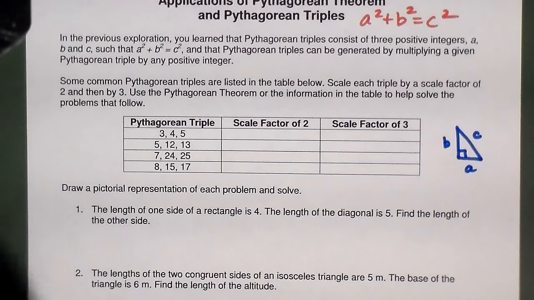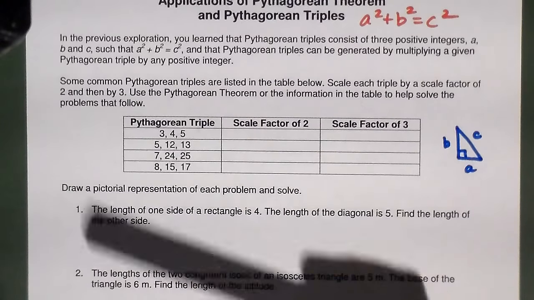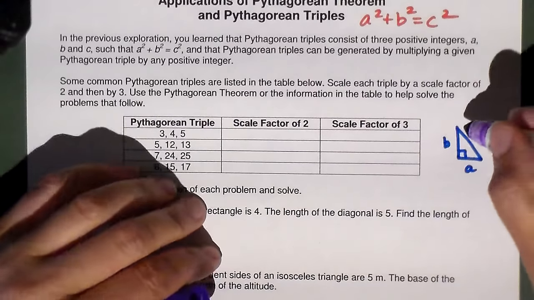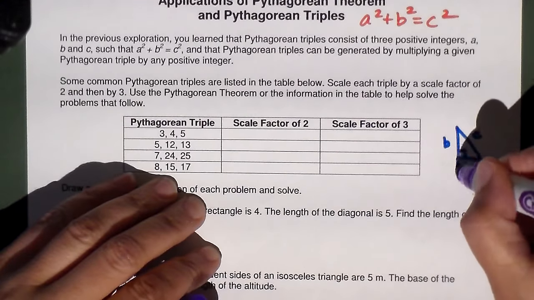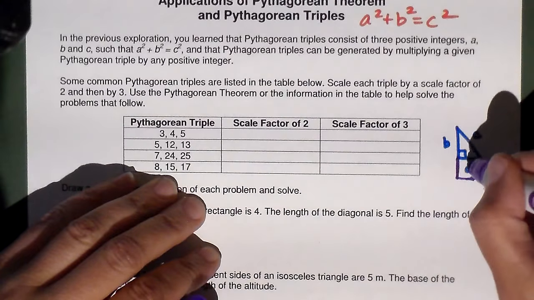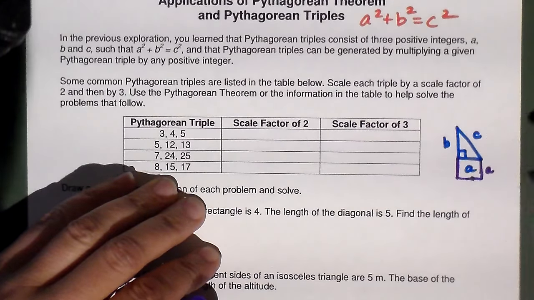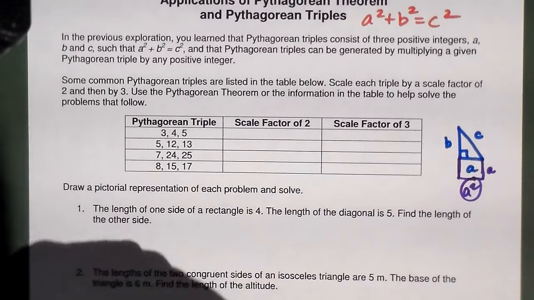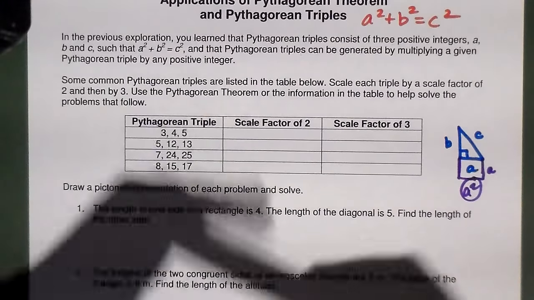What Pythagoras figured out is that if you compare the areas of these squares, you can form a right triangle based on the lengths of the sides, and the sum of two of the areas will be equal to the third. For example, if I take a square that is A by A, the area of that square is A squared. Now we can look at this side.